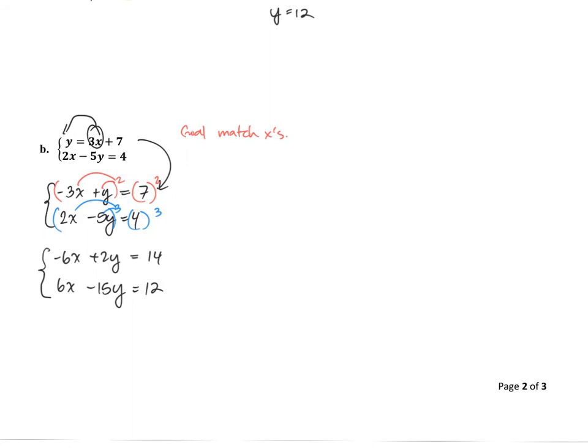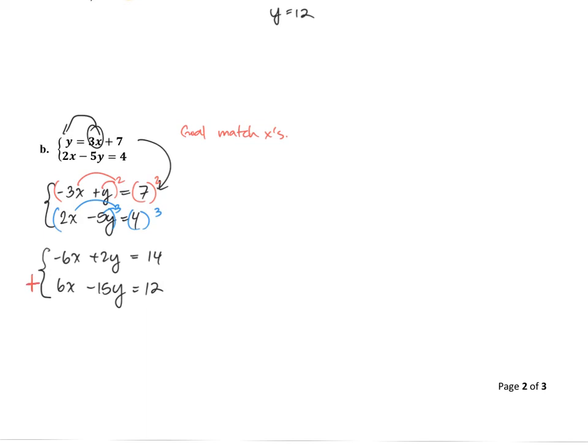So the plan here, now I'm going to decide to add or subtract these equations together. If I were to subtract them like we did before, that would be negative 6x minus 6x, which would actually be negative 12. So the subtraction, that's not going to work. Which means, let's go for addition. So now we're going to add the equations together.